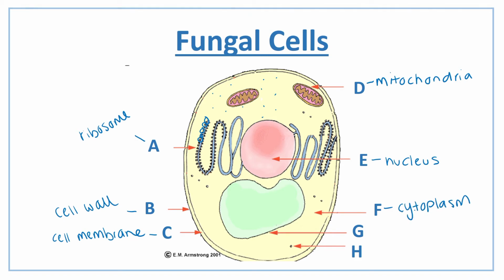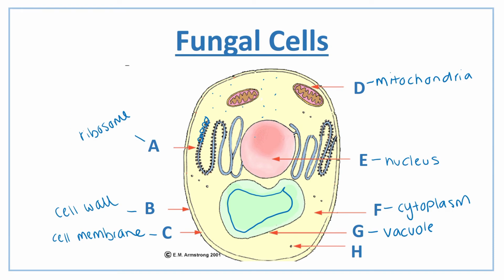F is pointing to the cytoplasm, the site of all chemical reactions. Now G is pointing to this big sort of blob shape sitting in the middle of our cell, and that is the vacuole. Plant and fungal cells both have a vacuole, and the vacuole is storing cell sap, that's sugary liquid, and it's also helping to maintain the shape of this fungal cell.